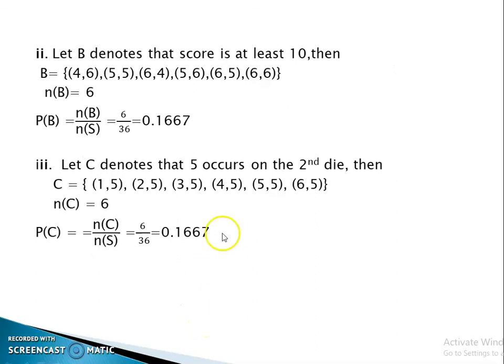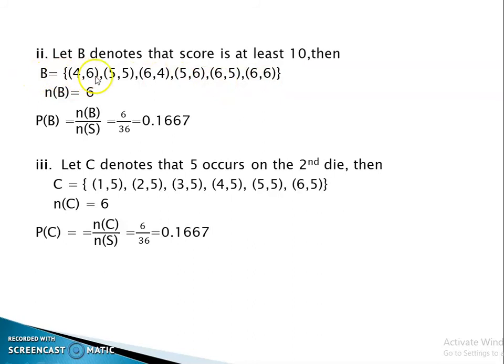In the second part, let B denote that the score is at least 10. At least 10 means 10, 11 or 12. Then B will consist of (4,6), (5,5), (6,4) for 10, (5,6) and (6,5) for the event 11, and (6,6) for the score 12.